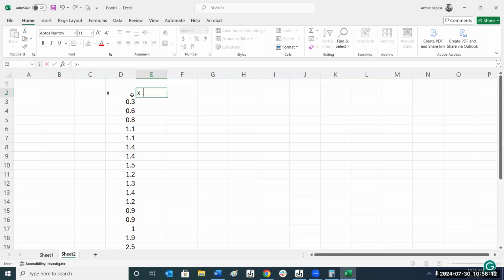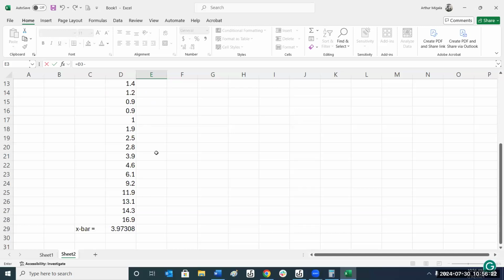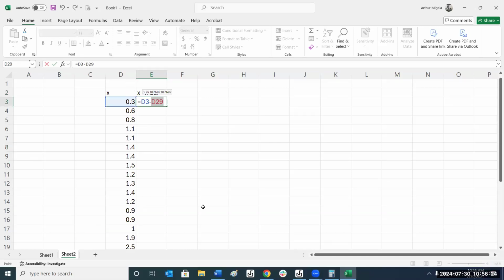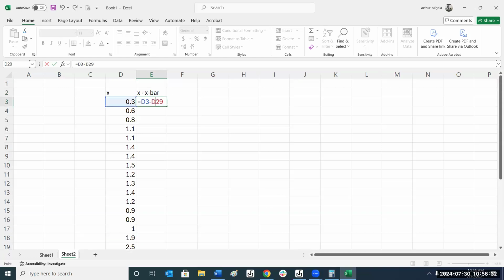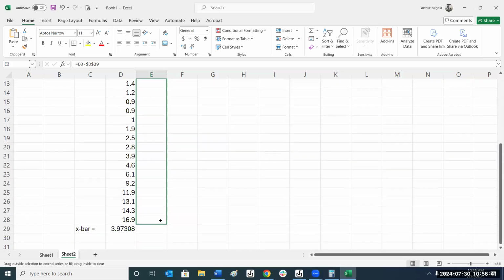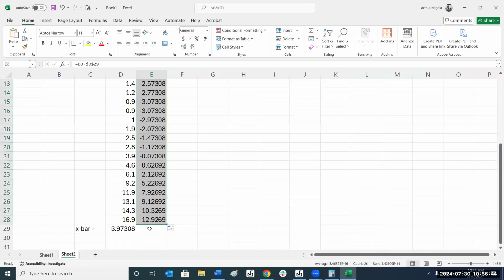Now it's going to be X minus X bar. So it's that number minus that number. Since I want that to be stationary, I put dollar signs in front of it. So that's my mean.